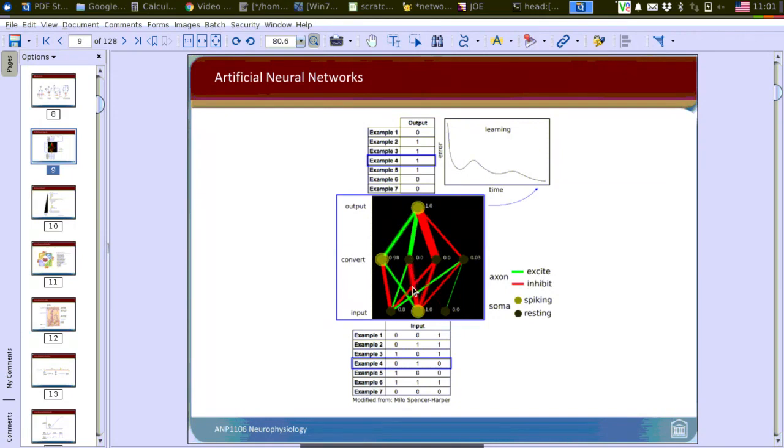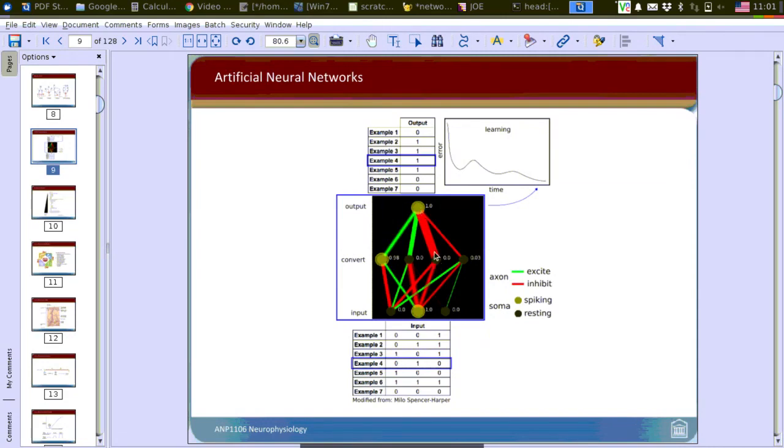Now, the width of the axon indicates the volume of neurotransmitter released. So if the width is narrow, that means there's very little neurotransmitter released. In this case, very little excitatory neurotransmitter. But if the axon is wide, that means it releases a lot of neurotransmitter on the postsynaptic membrane.